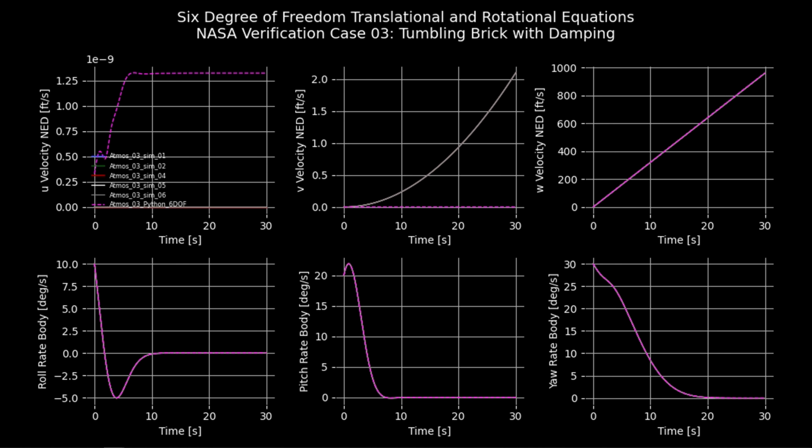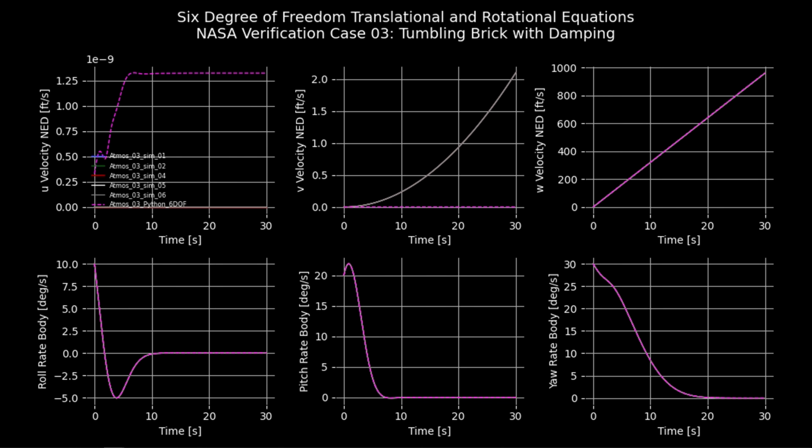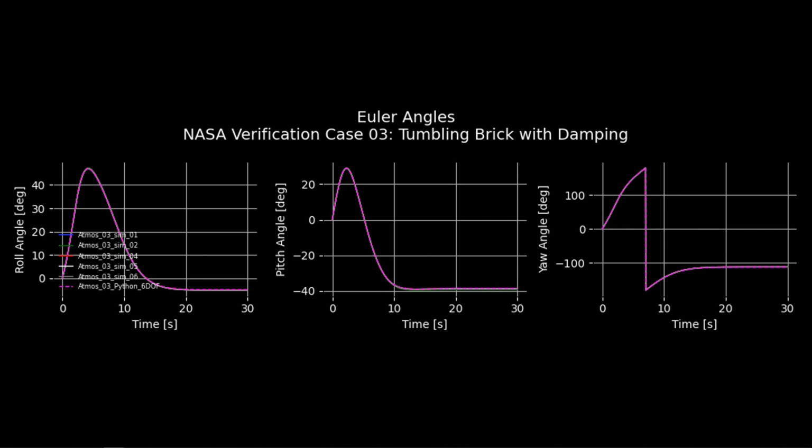Upon comparing our results to the check cases, we see agreement as before. Small discrepancies between the U and V velocity in NED with known causes, and a dead-on match by inspection to the roll, pitch, and yaw rates, as well as the W velocity component in NED. The Euler angles are in similar agreement as well.